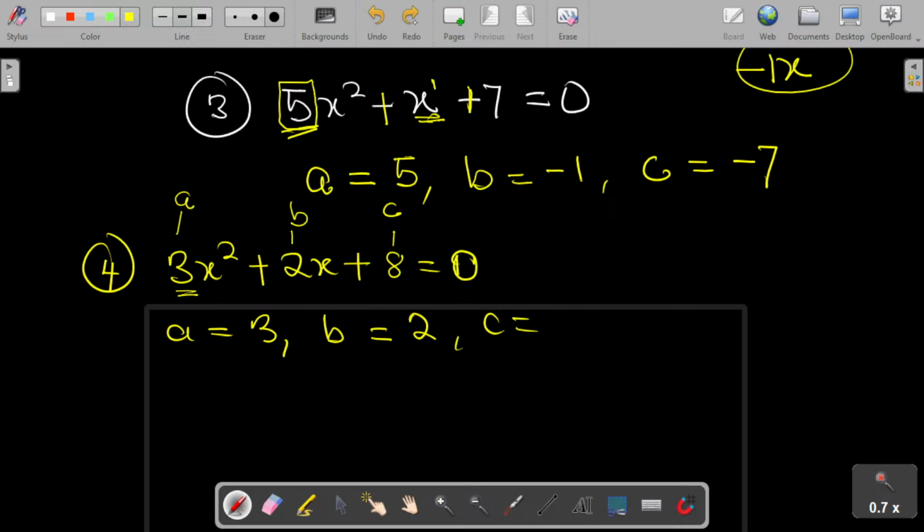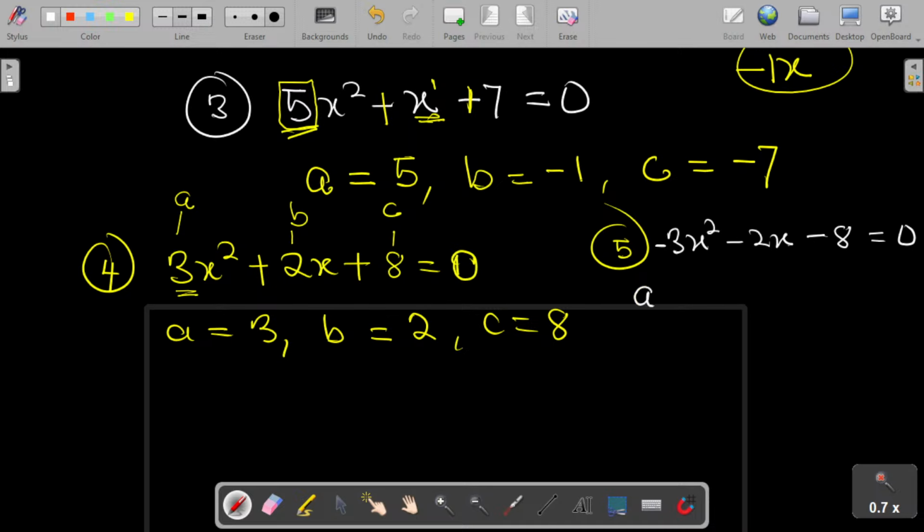Here your 8 is positive, your C is positive. All right, but let me put this other one side by side. Assuming you have 3x squared minus 2x minus 8, or let me even put minus in front here, everything equal to 0. What do you think will be our A?